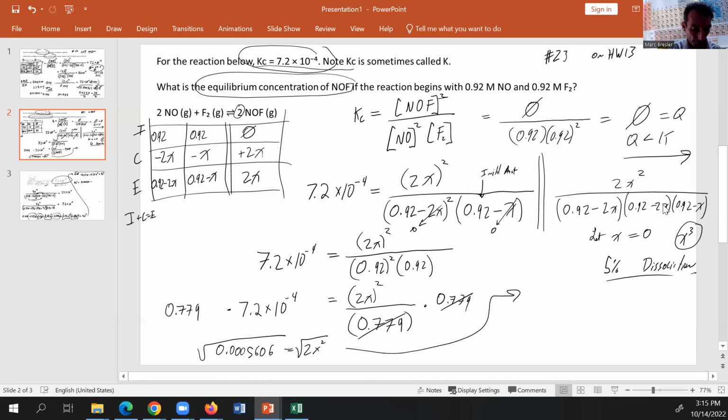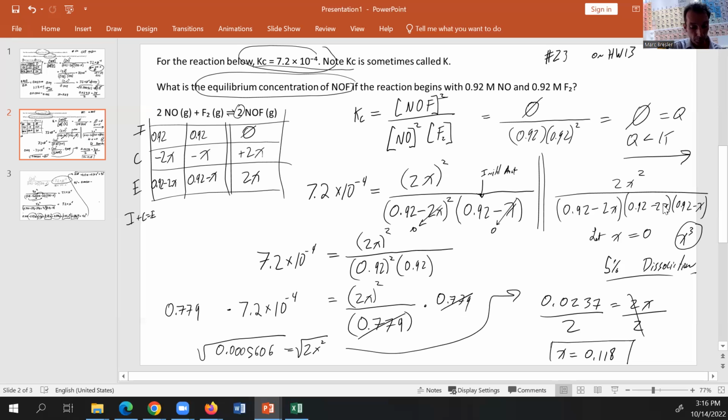And you get 0.0237 equals 2x. Divide by 2 on both sides. And so your x is equal to 0.118.